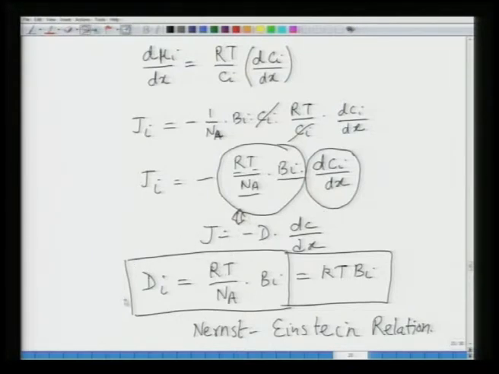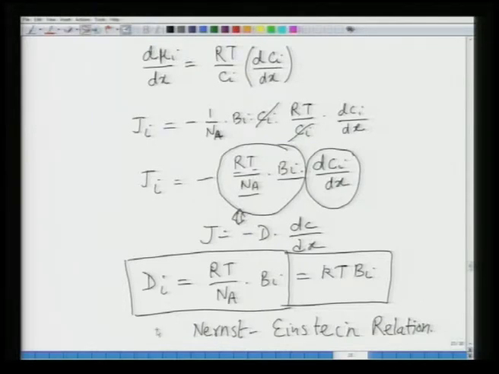You then get the diffusivity of a species i as D_i equal to RT/N_A times B_i, where R is the gas constant, T is the temperature, N_A is Avogadro's number, and B_i is the absolute mobility of species i, or alternatively D_i equal to kT times B_i. This is called the Nernst-Einstein relation.